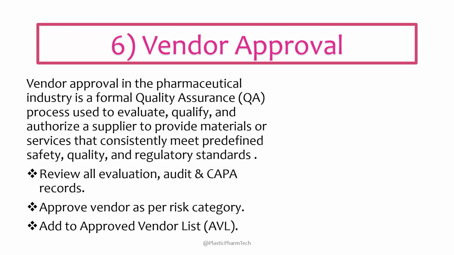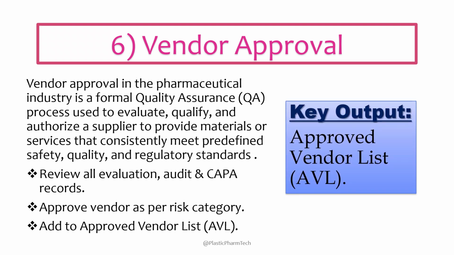Review all evaluation, audit, and CAPA records. Approve vendor as for risk category. Add to approved vendor list, that is AVL. A key output is approved vendor list, that is AVL.